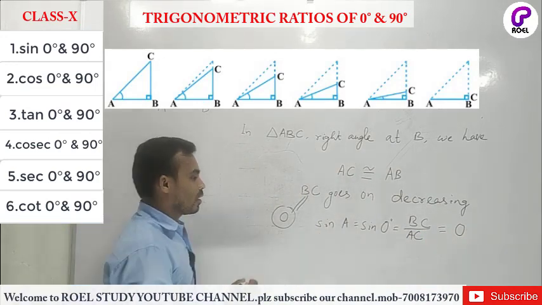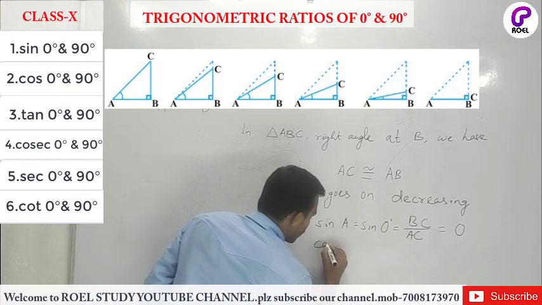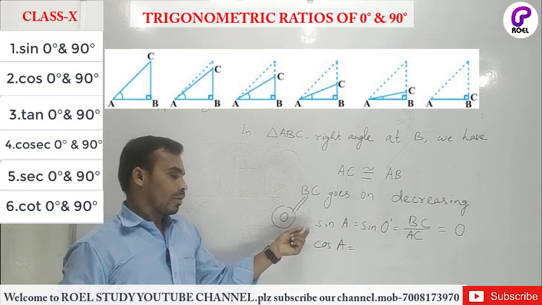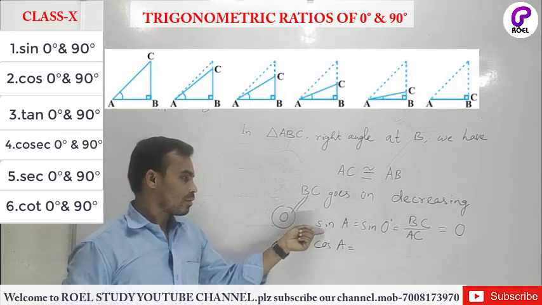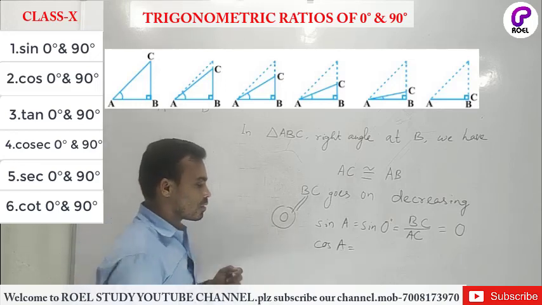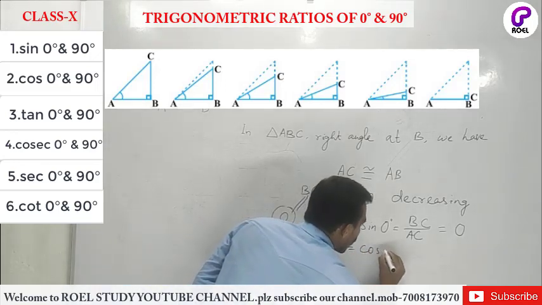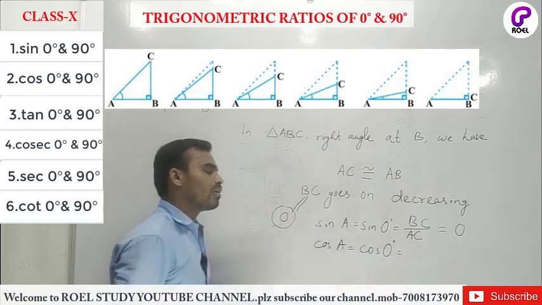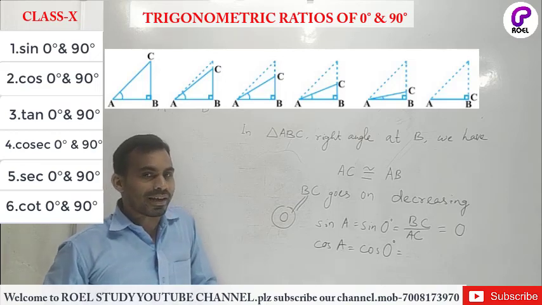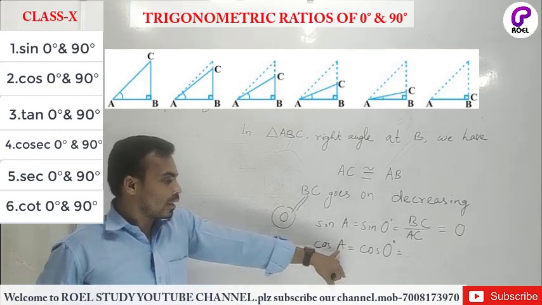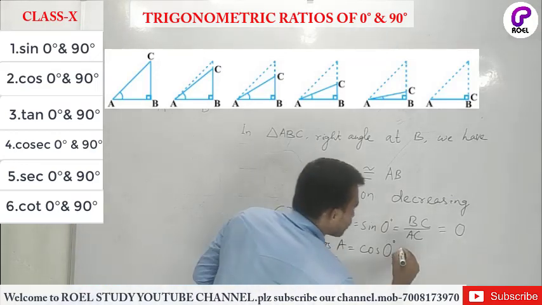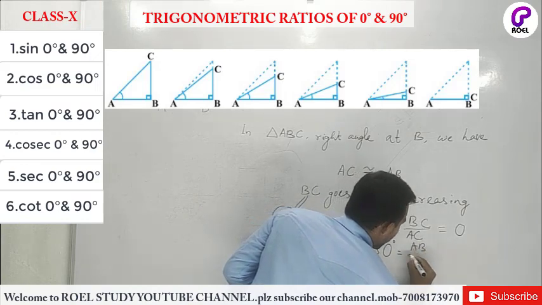Then cos A. As we discussed sin, we now move to cos. You can write cos 0 degree. Cos is the ratio of the side adjacent to angle A by the hypotenuse, that means AB by AC.